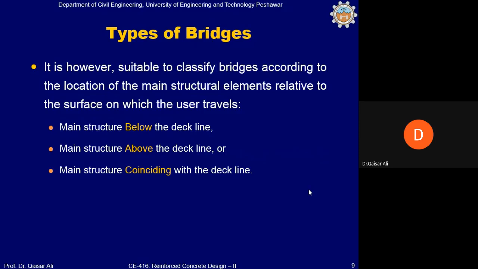So if the main structure on which the vehicle travels is below the deck line, it will be called one type of system. If the main structure is above the deck line, it will be called a different type of bridge, and a main structure coinciding with the deck line will be called a different type. So basically, the bridges have been divided into three types according to the location of the main structural elements related to the surface on which the user travels.